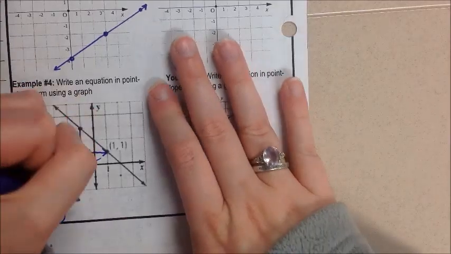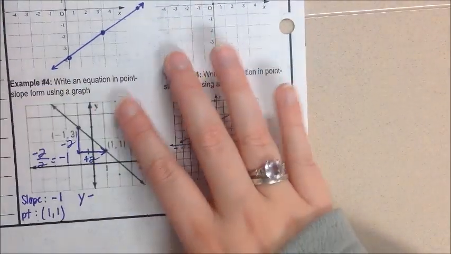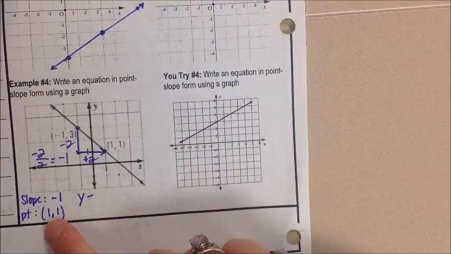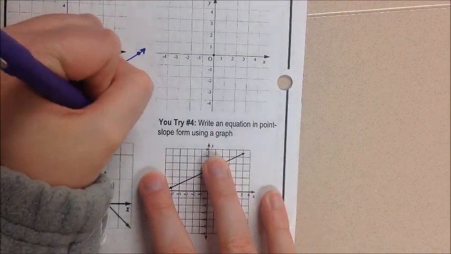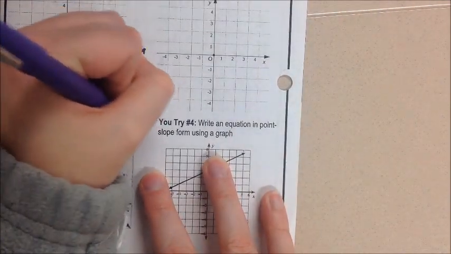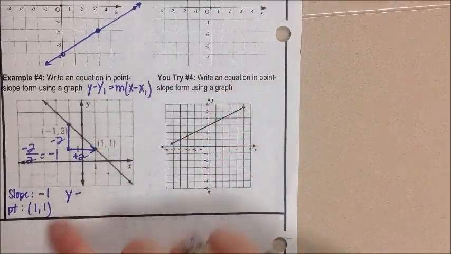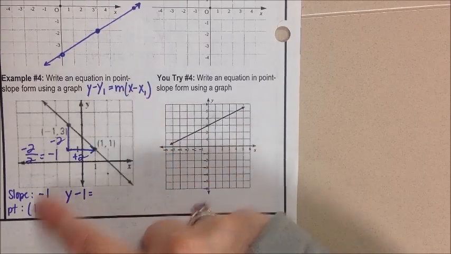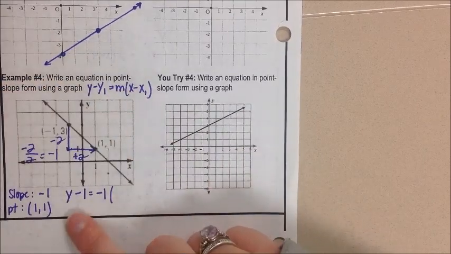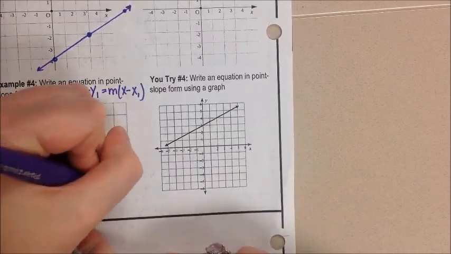So then my equation would be, I'm going to rewrite it up here, y minus y1 equals m times x minus x1. So my y1 is going to be 1, my m is -1, and then I have x minus 1.